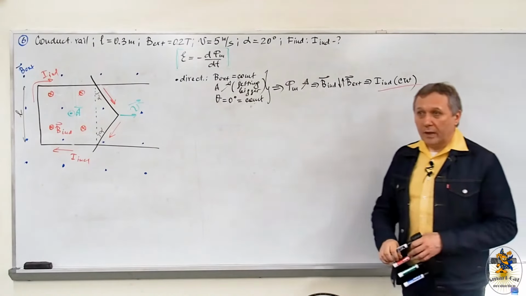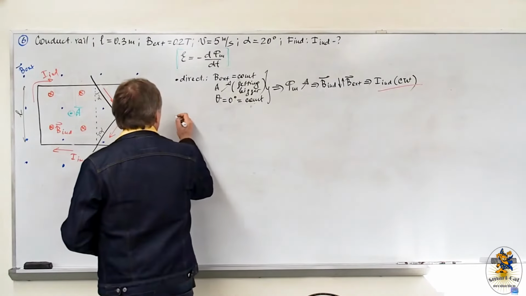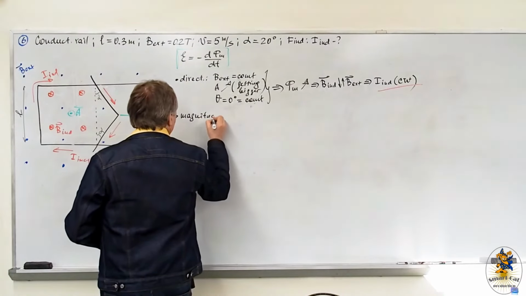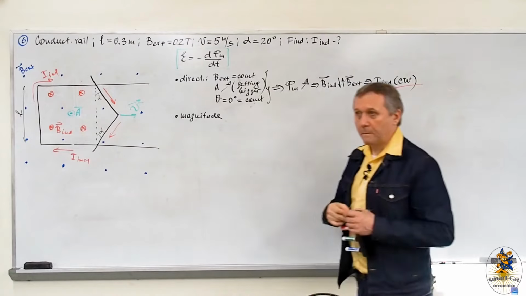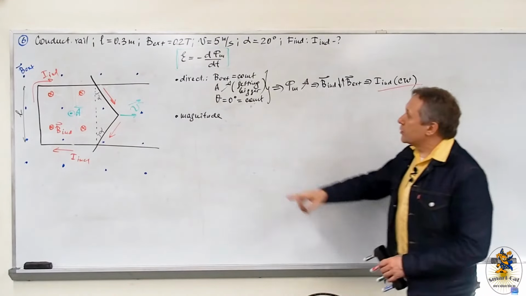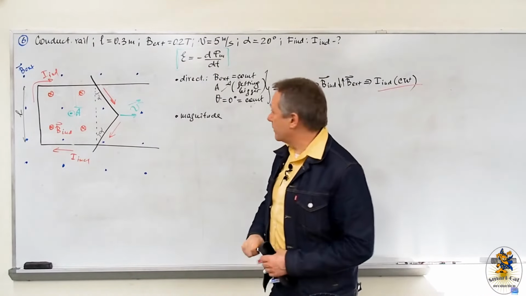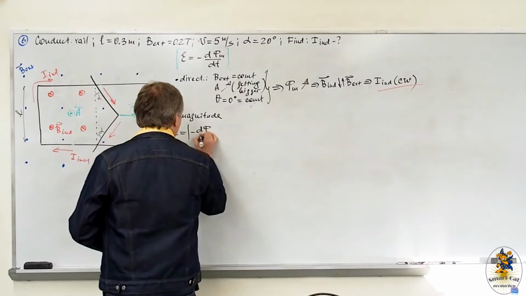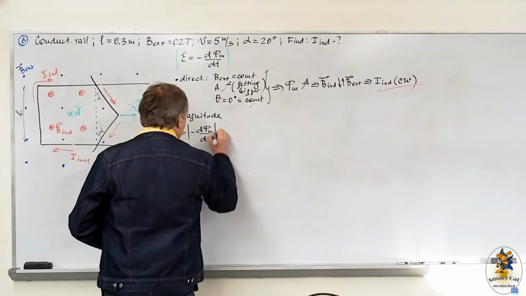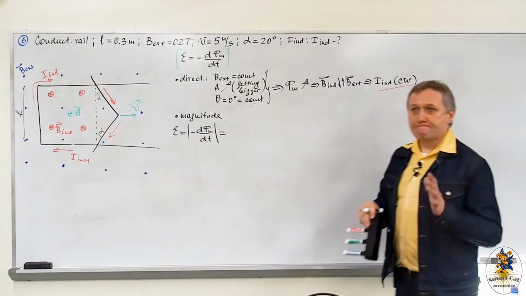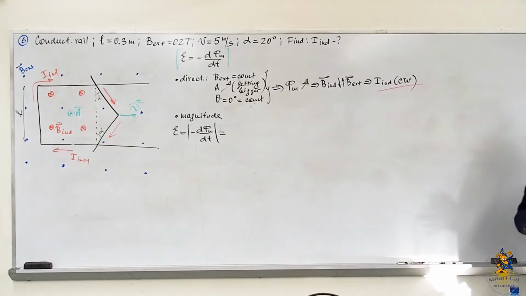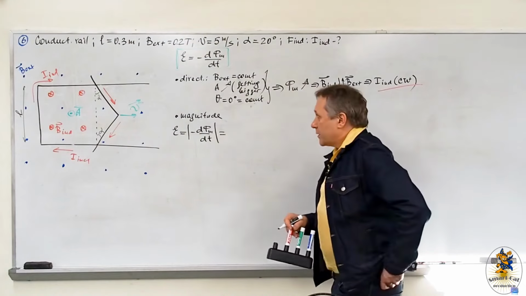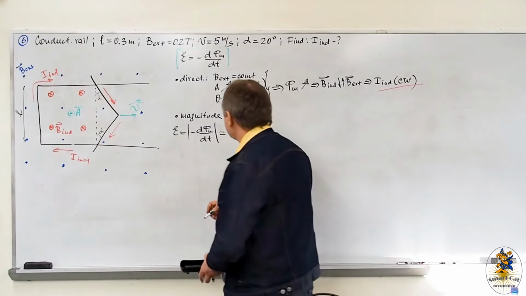Now, the magnitude, the value of current and EMF. Here we just need to look at the absolute value of EMF. So EMF equals the absolute value of d phi over dt. The steps will be somewhat similar to what we had in our lectures and recitation classes.